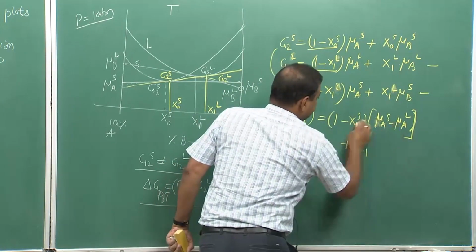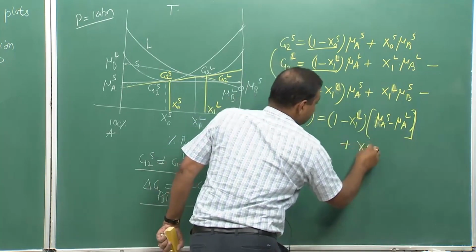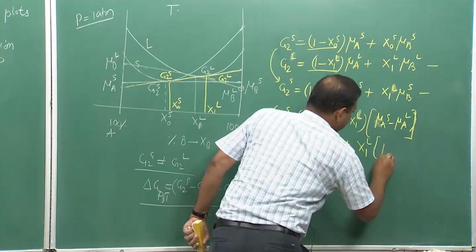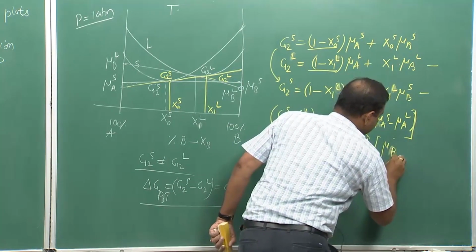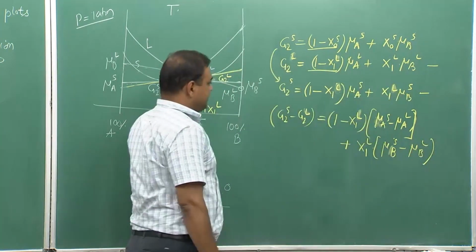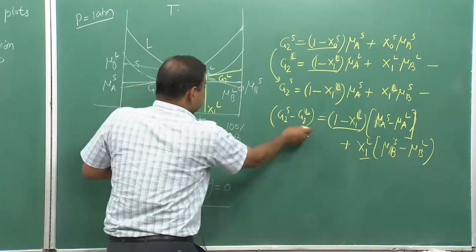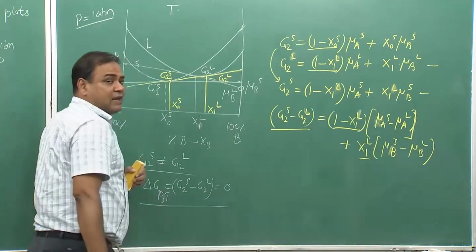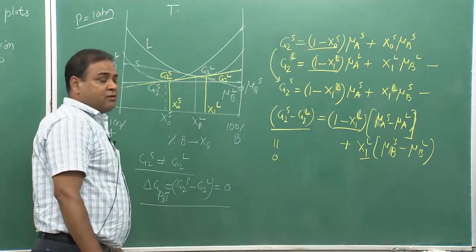Similarly, I can convert this one to liquid. So, these 2 terms are the same values and these are giving the same line. So, this value becomes 0, okay?